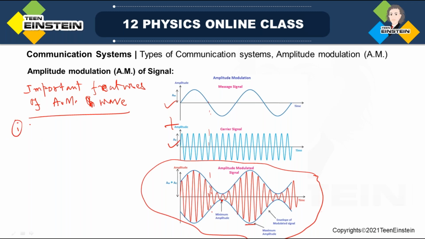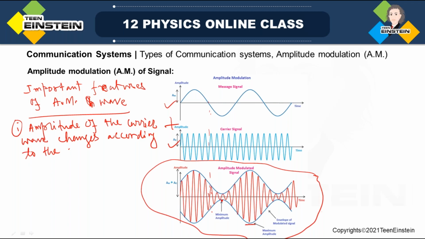First of all, the amplitude of the carrier wave changes according to the message signal. This is the first feature.